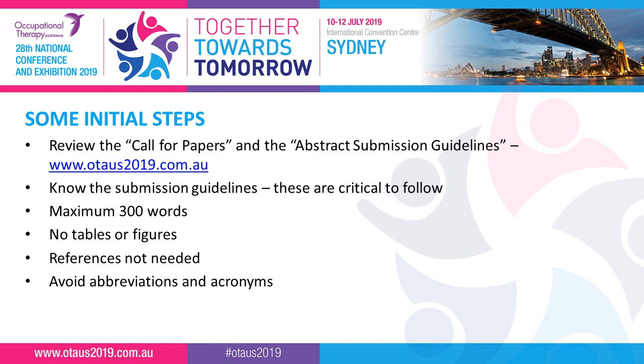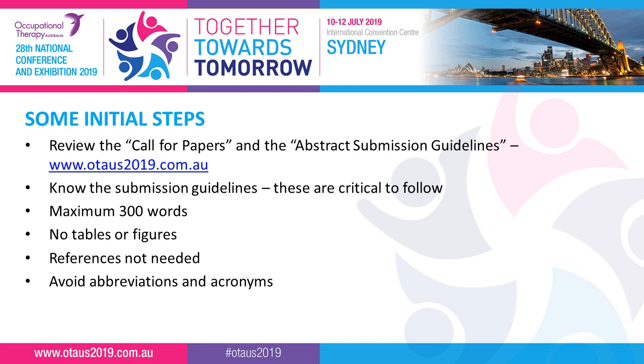Your abstract can be a maximum of 300 words, and so it's not a huge amount of space for you to make a really impactful statement. So you need to, and we'll go through more later on, get the best bang for your buck out of every single word. No tables or figures are accepted in the context of the abstract.